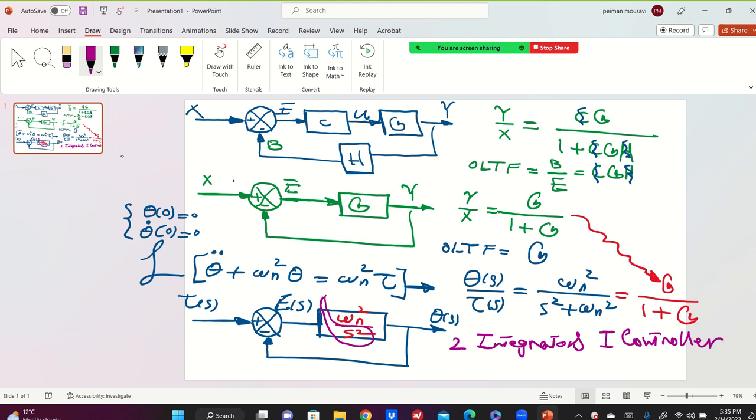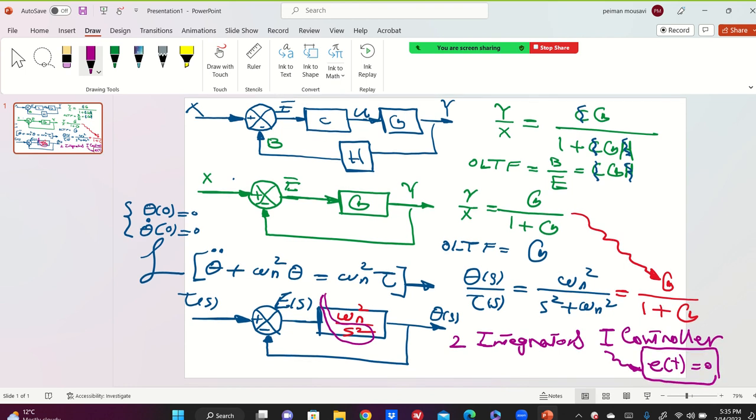And I told you that I gave a big picture before going into detail toward the end of the semester. The I controller's function is to make the error signal go to 0, e of t to 0. Example is that you want to set the temperature of this room to 80 degrees Fahrenheit, and the current temperature is 45.